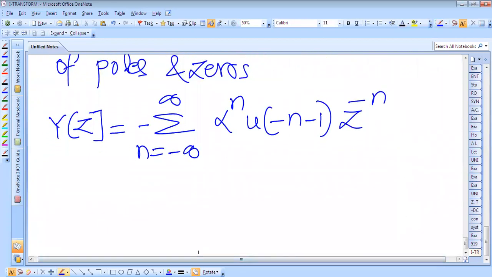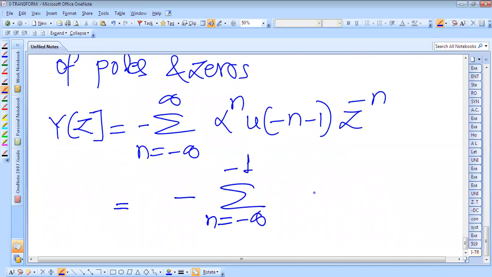Okay, so here we can write minus summation over n, we can change the limit now, minus infinity to minus 1, alpha raised to power n into z raised to power minus n. Okay, so as this value is unity, therefore we can write like this.